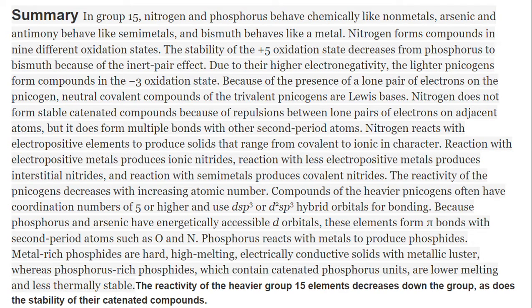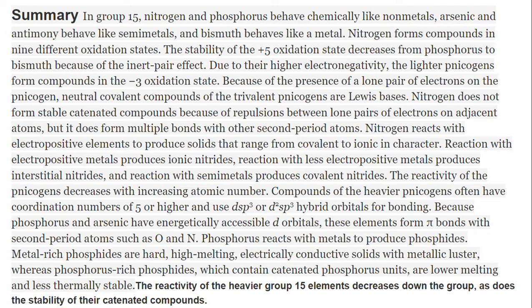Because of the presence of a lone pair of electrons on the pnicogen, neutral covalent compounds of trivalent pnicogens are Lewis bases. Nitrogen does not form stable catenated compounds because of the repulsions between lone pairs of electrons on adjacent atoms, but it does form multiple bonds with other second period atoms.